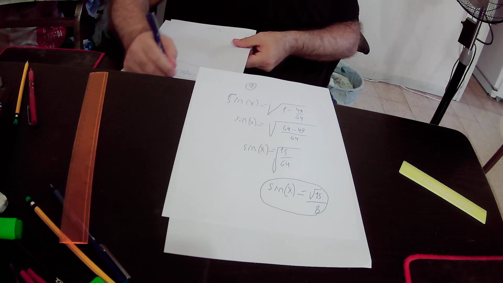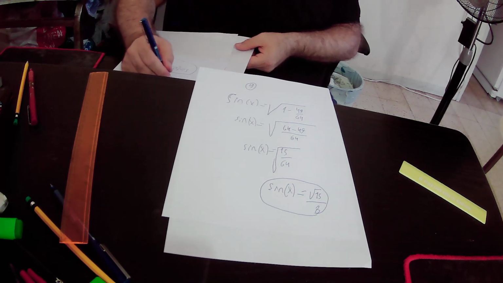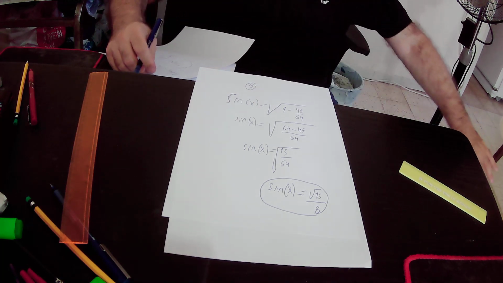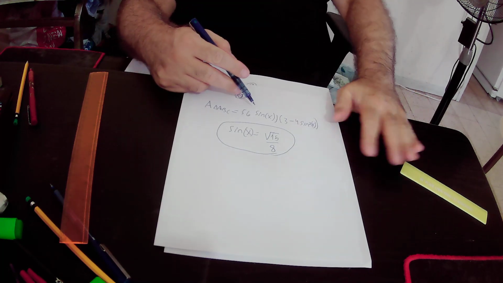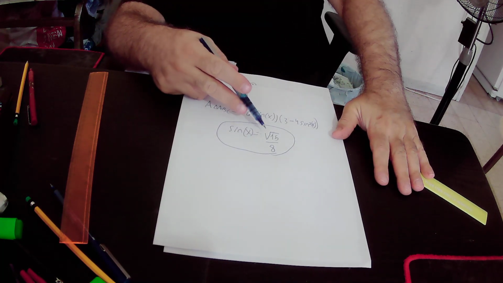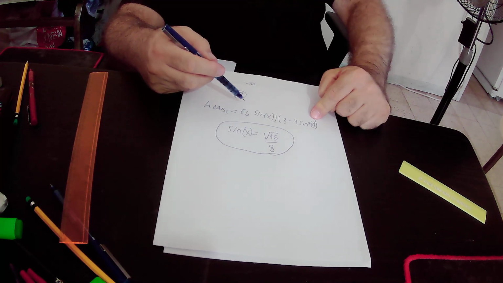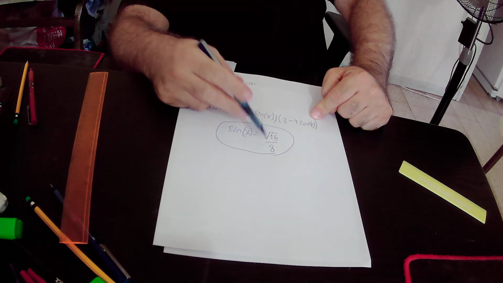Okay, so here we can substitute sine x by root 15 over 8, and sine x squared will be equal to 15 over 64.